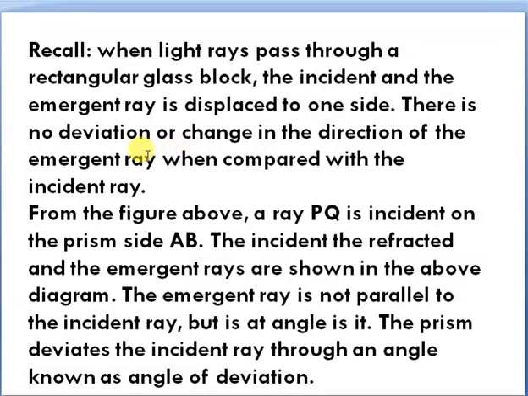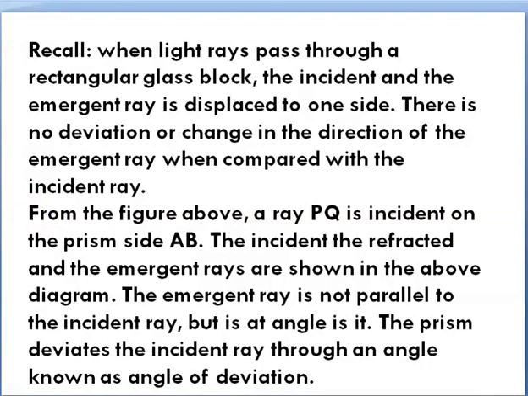Then from there, it will emerge. But there is no deviation or change in the direction of that emergent ray when compared with the incident ray. That is for the rectangular prism. So when we talked about the rectangular prism, we did not say anything about deviated ray or angle of deviation.